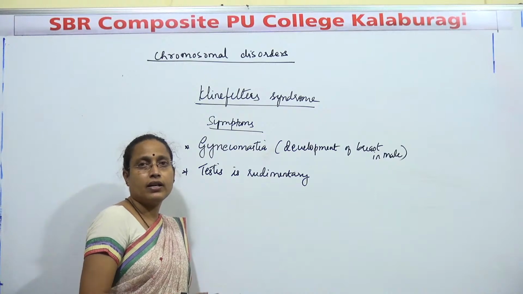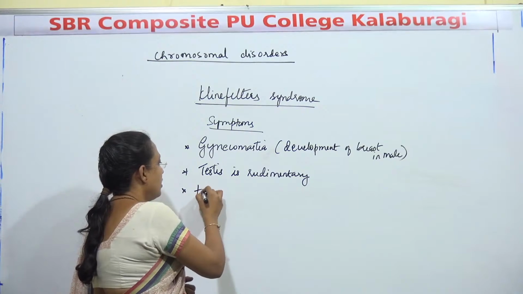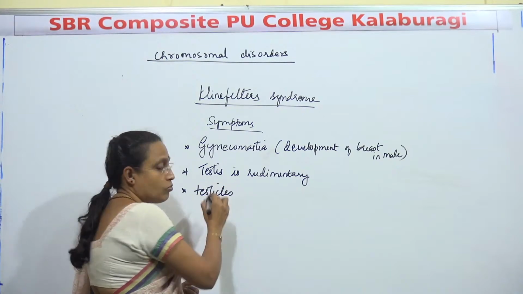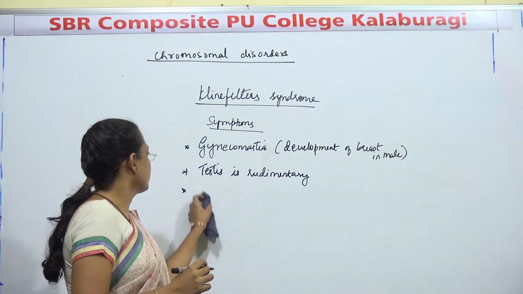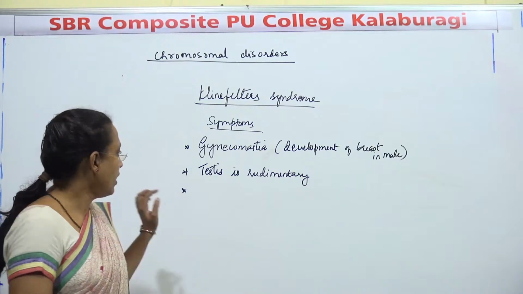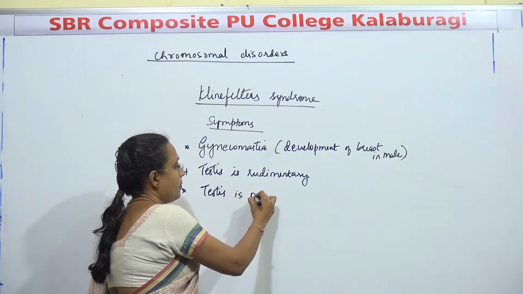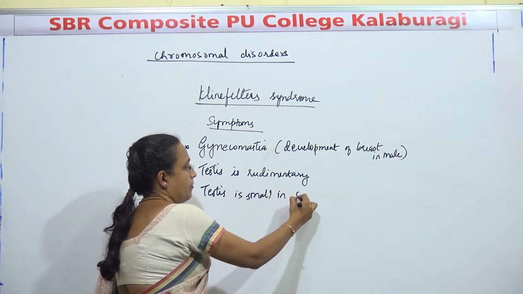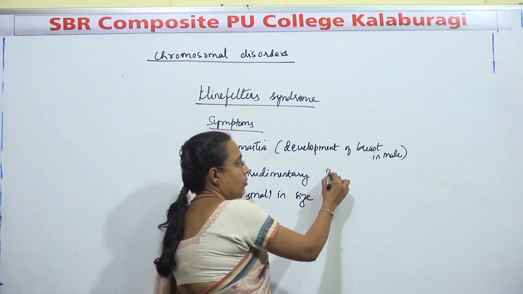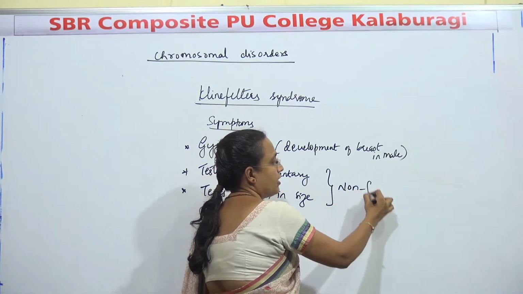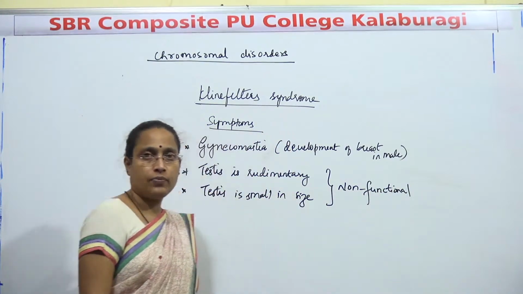It is atrophied, very small in size. Testicles are small in size. Both indicate a non-functional testis which cannot perform its function normally.